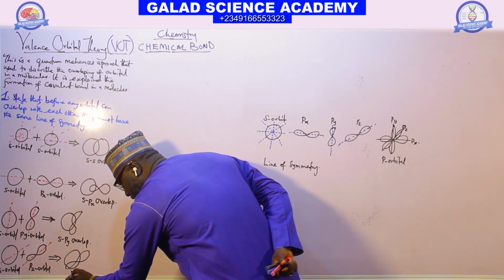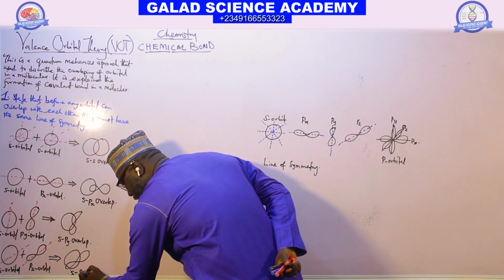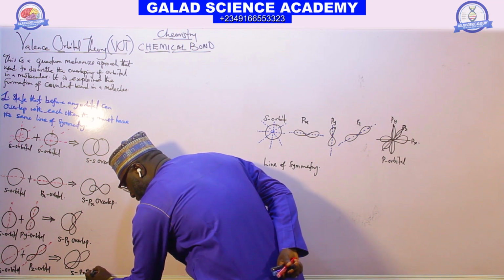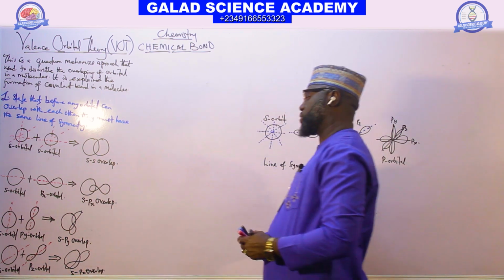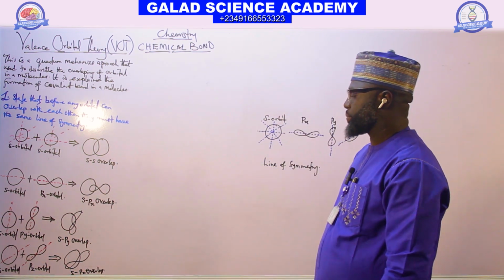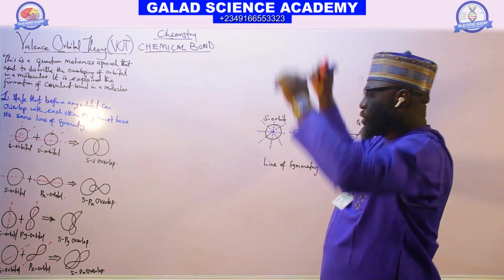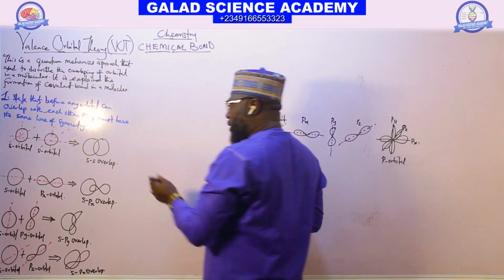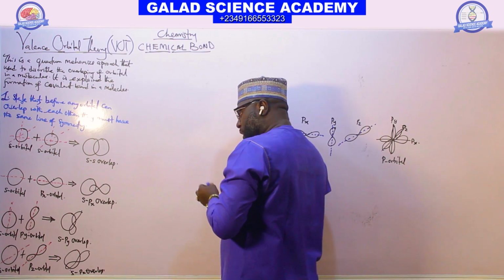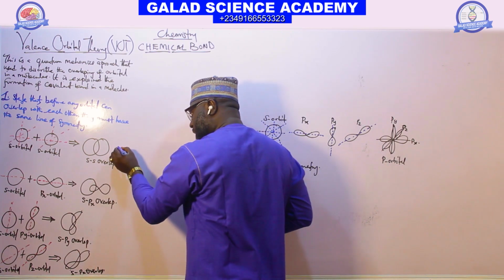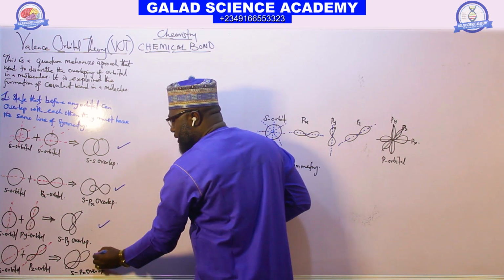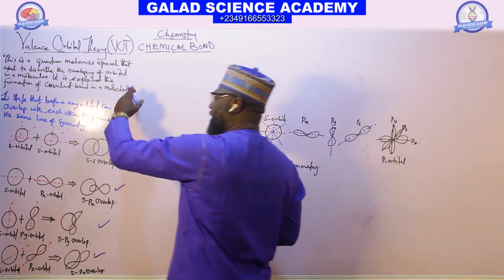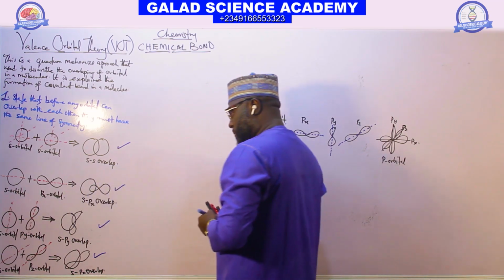We call it S-Pz overlap. Good. This overlapping can exist because they have the same line of symmetry.